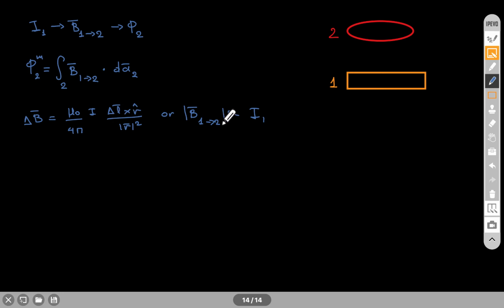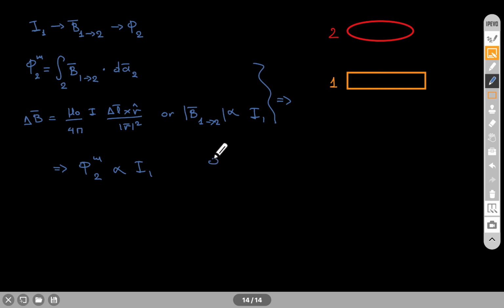And if I think about including a magnetic field here in the calculation of the flux that is proportional to current 1, then that means that the magnetic flux that goes through loop 2 will be proportional to the current in loop 1.